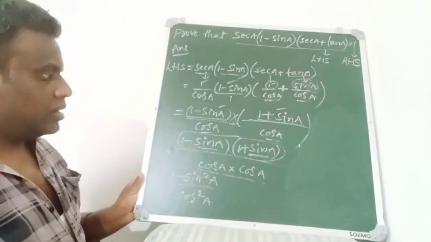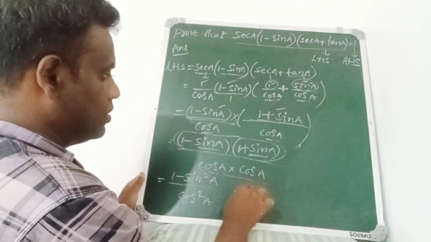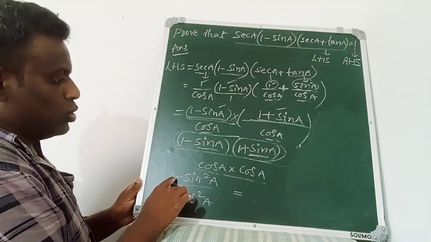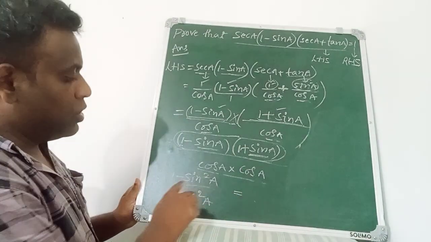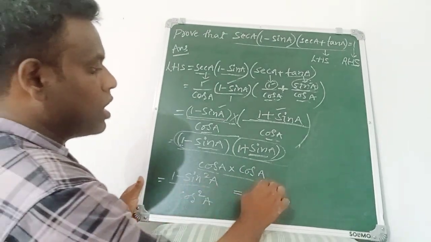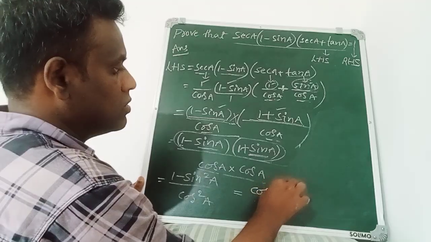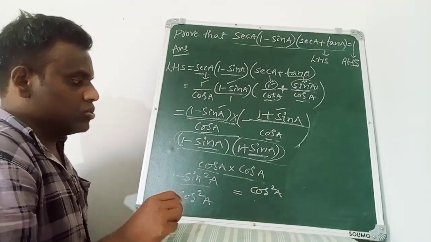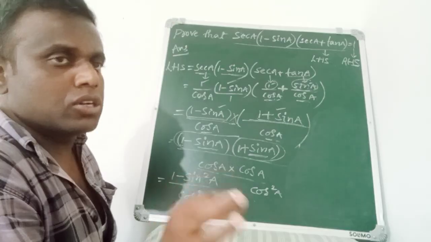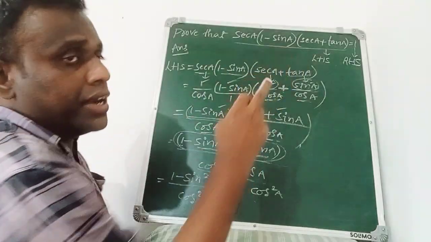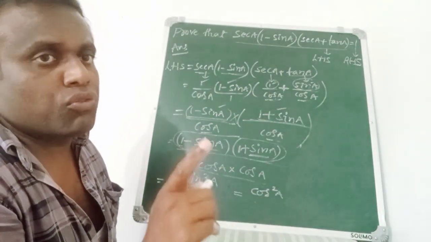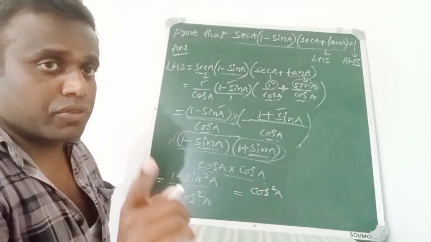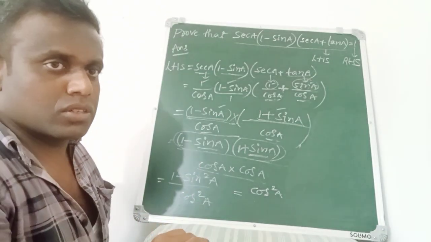Next step here, 1 minus sin square A is what? We have a formula. 1 minus sin square A is equal to cos square A. So just remember, to prove these kinds of trigonometric identities, we should know the formulas. There are so many trigonometric formulas.